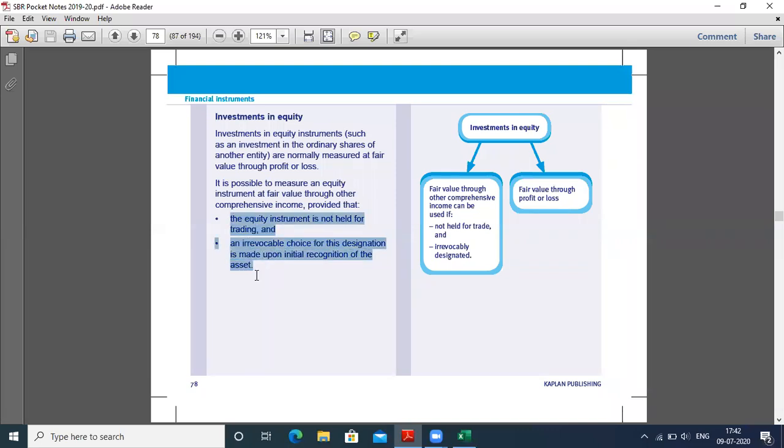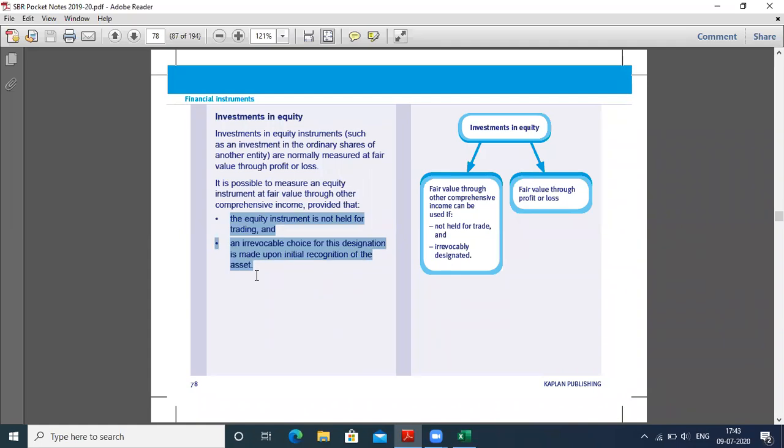Once again, I repeat, if a company purchases the equity shares of another company, in that case, it should normally be valued at fair value through profit or loss account. But we can go with fair value through other comprehensive income, but certain conditions should be satisfied.